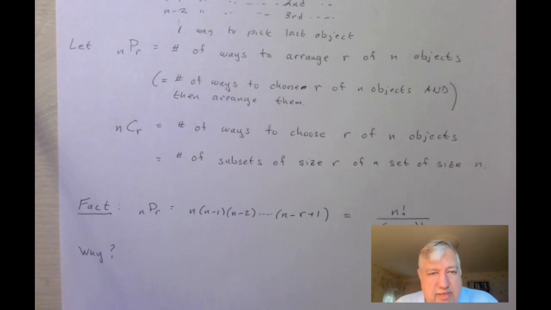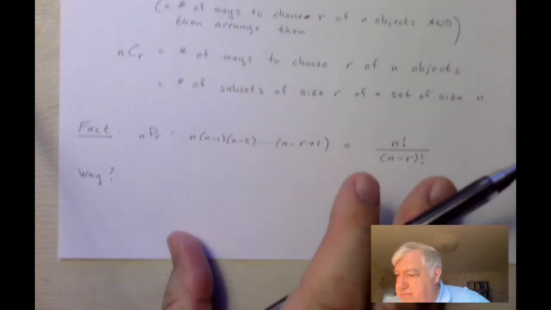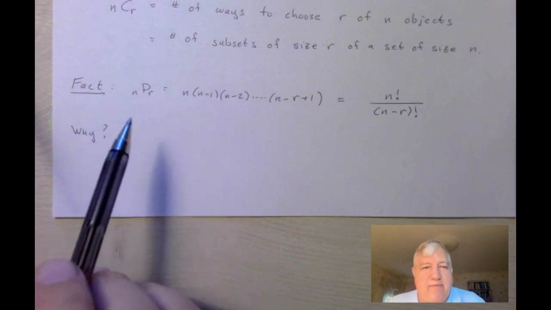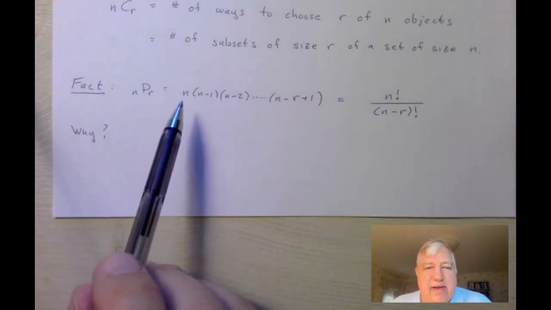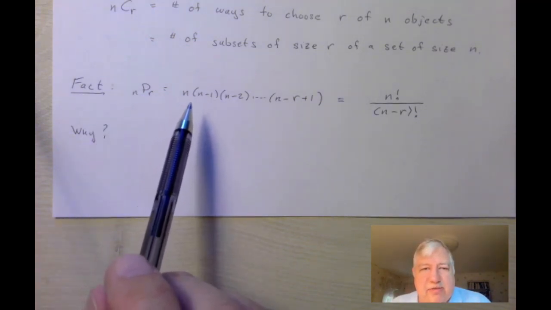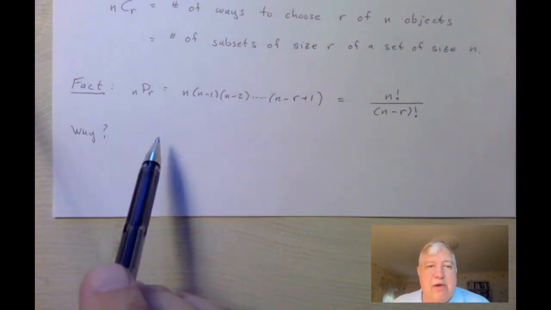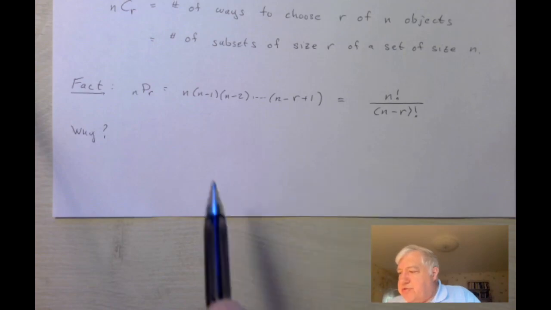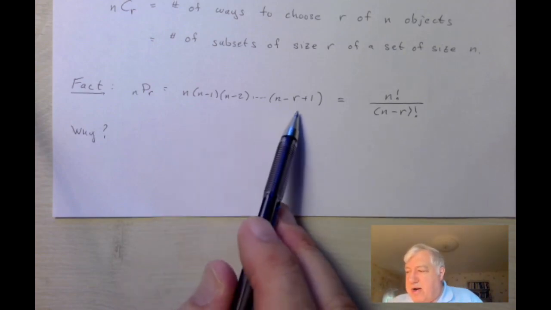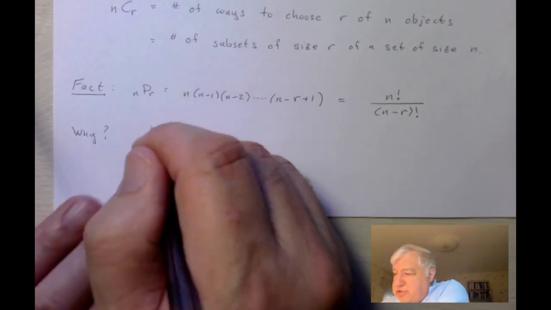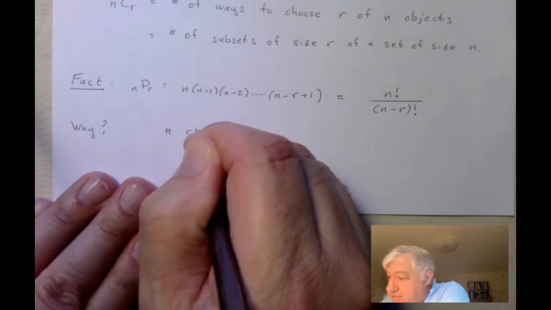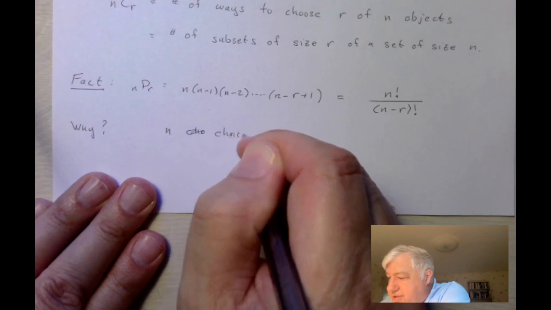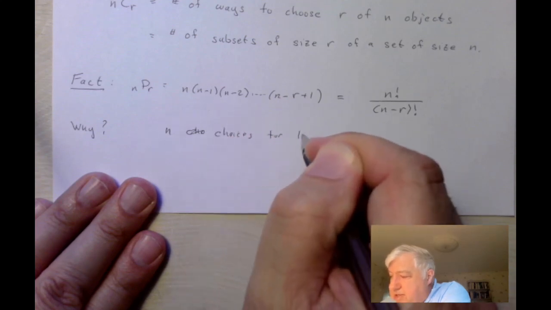For these quantities, let's just derive them and see why this is. Here, this almost does itself. This is kind of a more general case of what we did with factorials. For nPr, if we're choosing and arranging r objects, well, there are n choices for the first object as before.